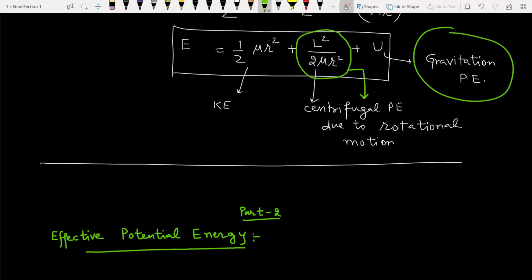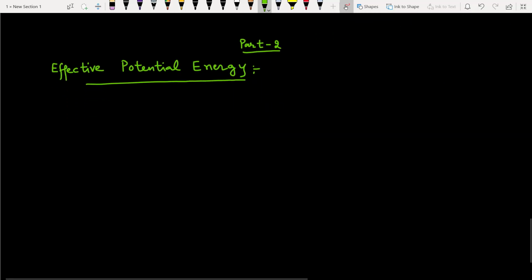So one question arises: why did we name this term potential energy? Because no doubt it is a centrifugal term, due to rotational motion indicated by the presence of L, the angular momentum. But why is this term called potential energy? This will be answered in our second part.